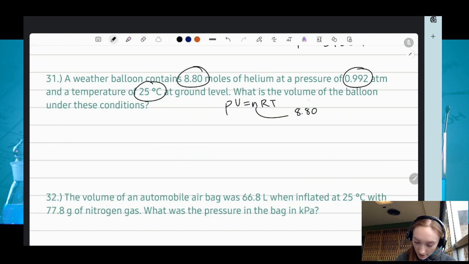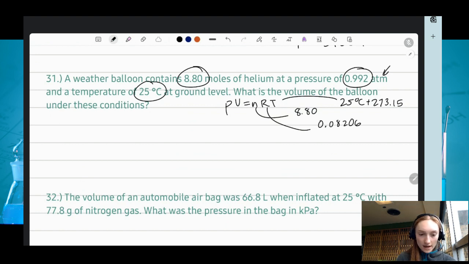We have the temperature, and so that's 25 degrees Celsius, but to get into Kelvin, you add 273. We know the R value, that's just a constant, and since we're working with atmospheres, we're working with the R constant that matches that, which is 0.08206, and the units of that is liter atmosphere per mole K. So this constant is just put into this equation and it completely cancels out.